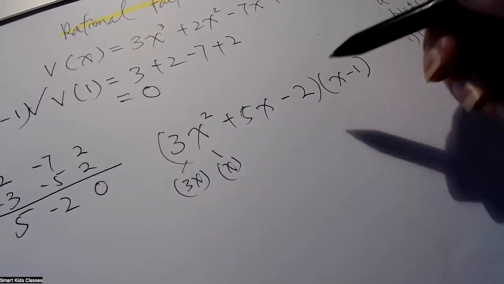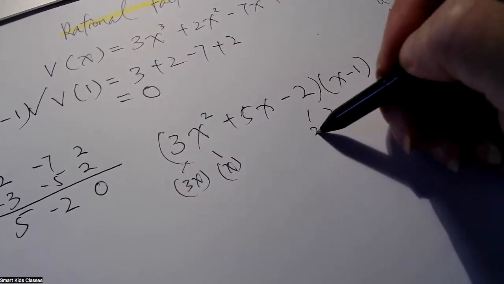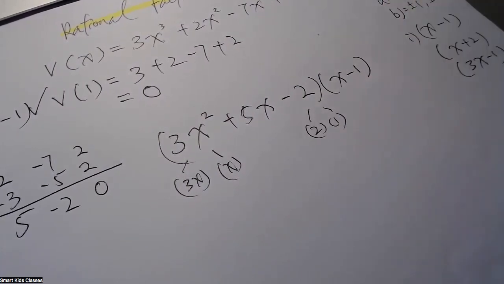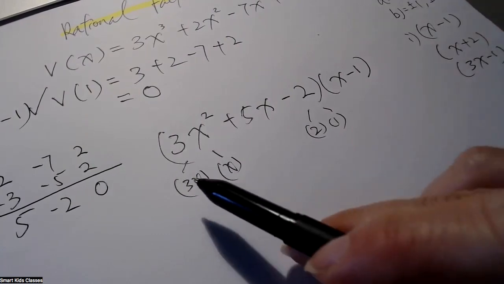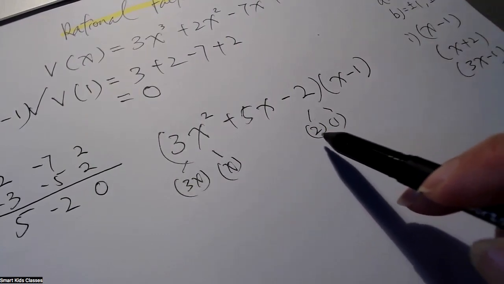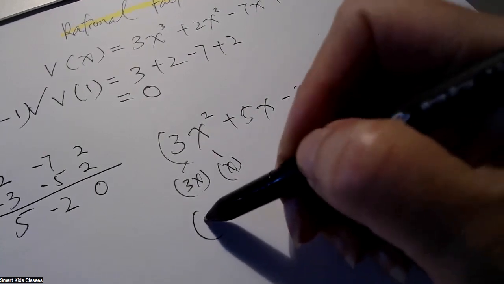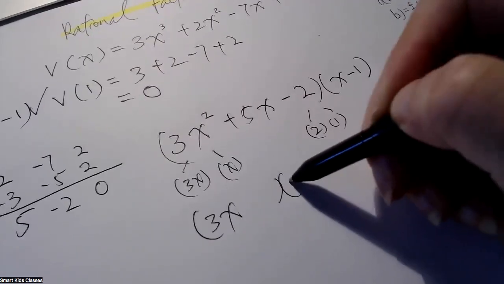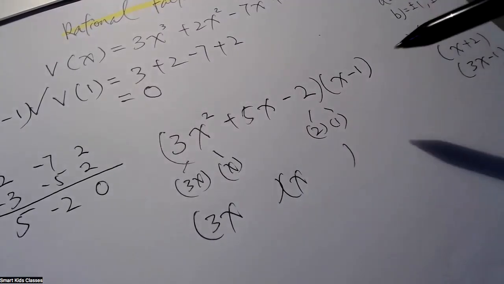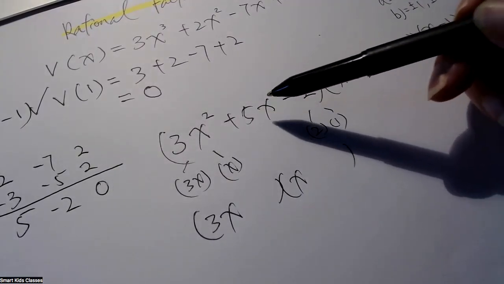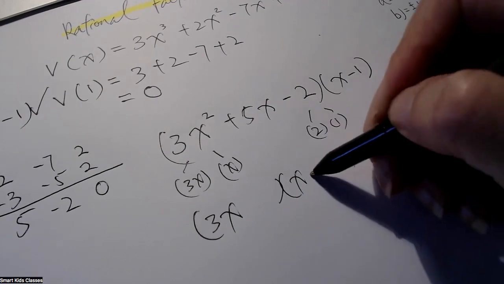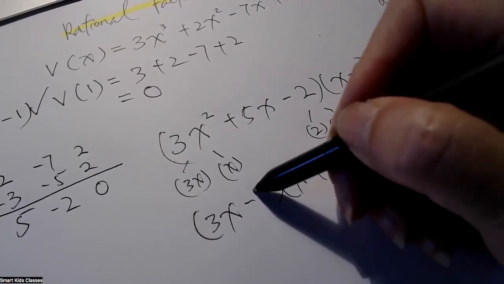And then how about 2? For 2, we're going to have 2 times 1, we get 2. Now we're going to 5. 3 times 2 is 6. 6 minus 1, you get 5. Perfect, you got it. So you're going to put 3x and this is an x. So you want to get a positive 6. Therefore you add 2 here and minus 1.